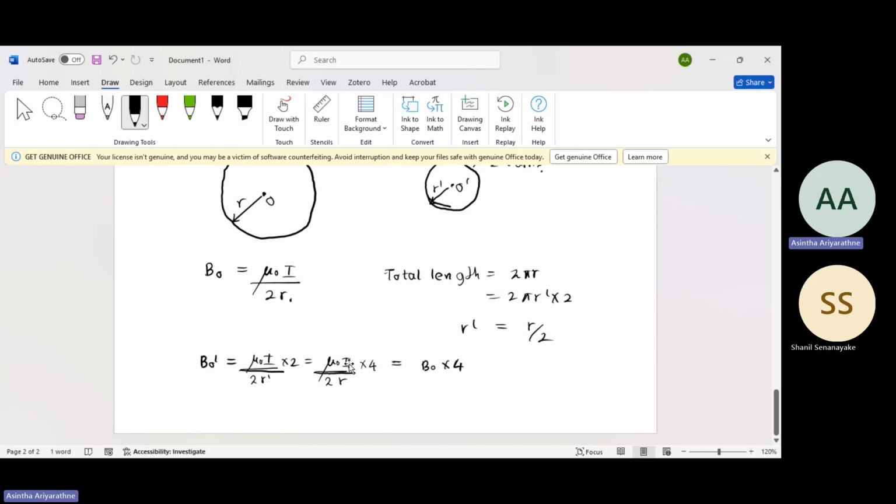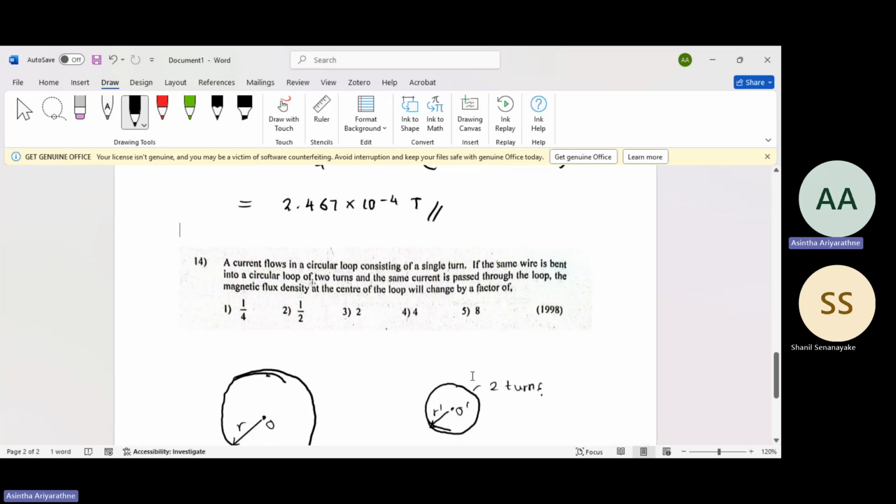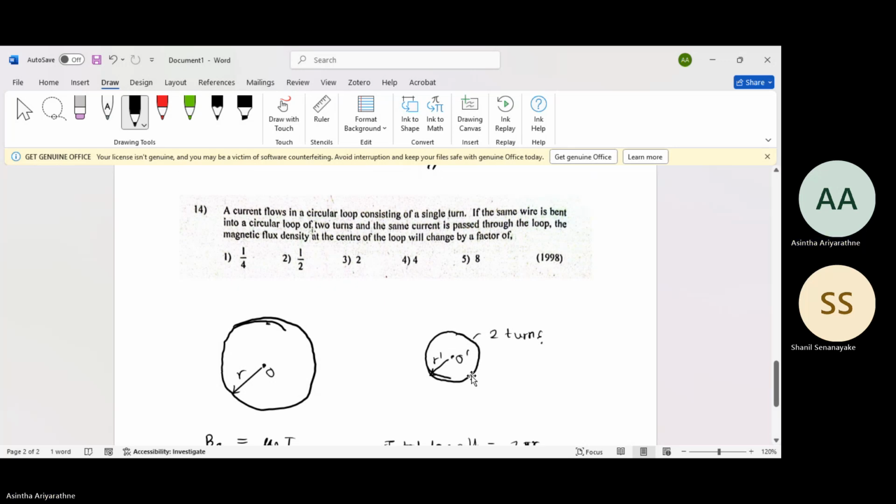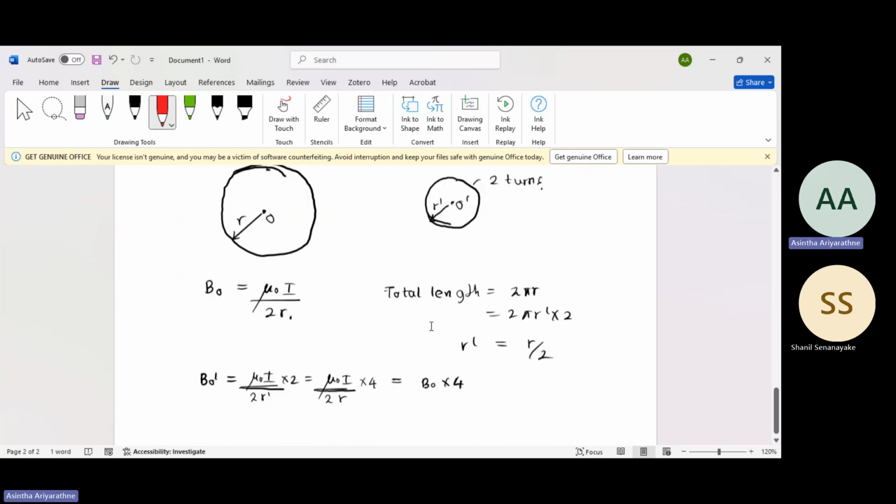This is mu naught I over 2R, which is B naught, so B naught into 4. It would be increased by 4 times.